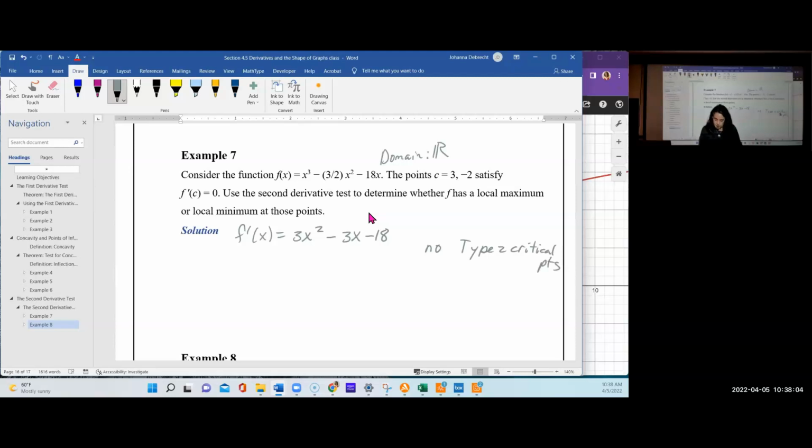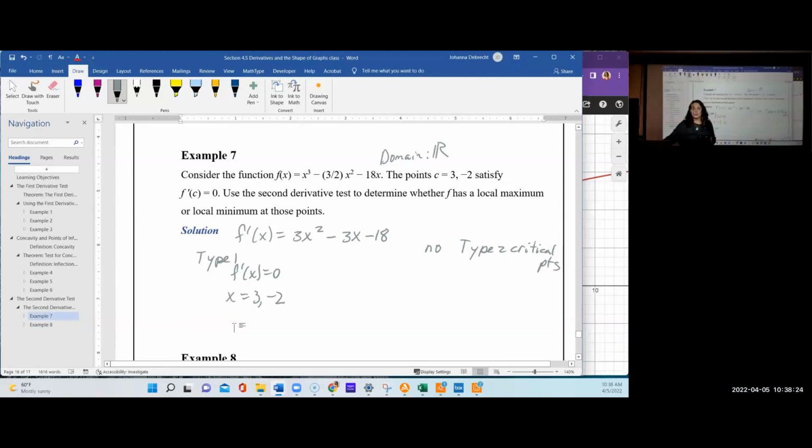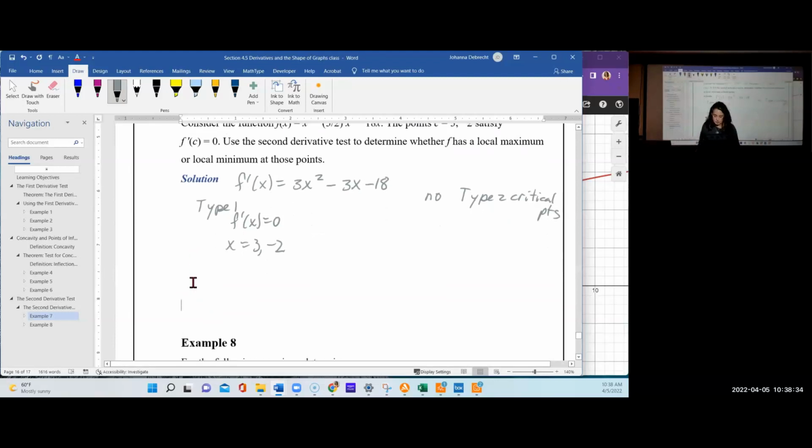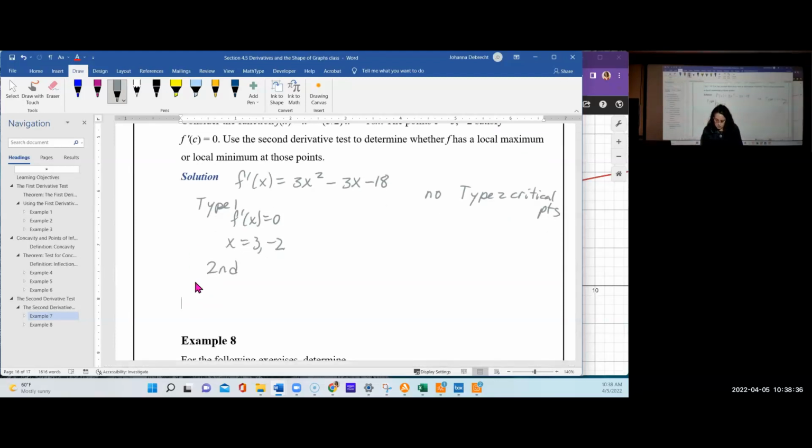Right? And they went ahead and did the type 1s where the first derivative is equal to 0, and they got x equal 3 and -2. And now we want to use the second derivative test to determine whether they're maximums or minimums. So instead of dividing up the number line by the 3 and the -2 and using test points and testing the sign of the first derivative, what we do instead for the second derivative test is we find the value of the second derivative.